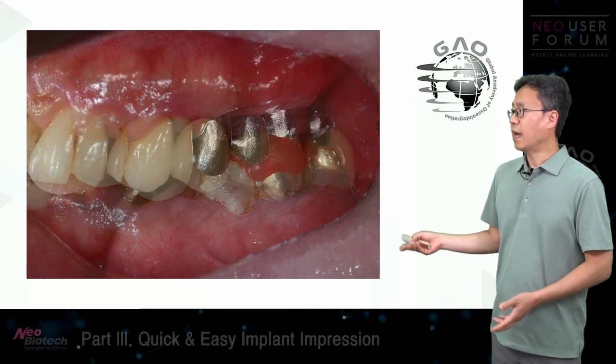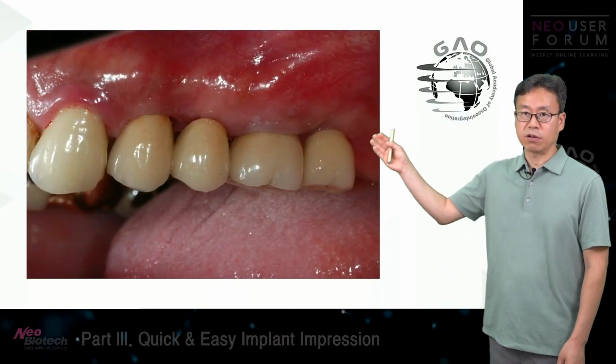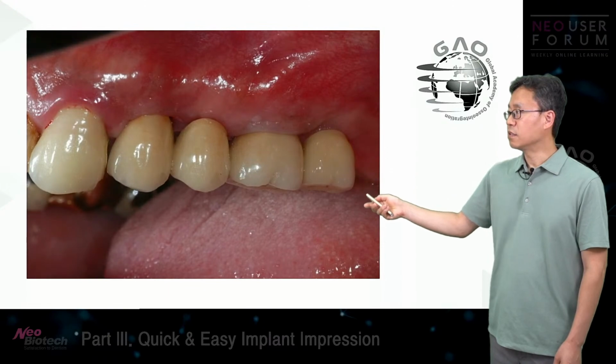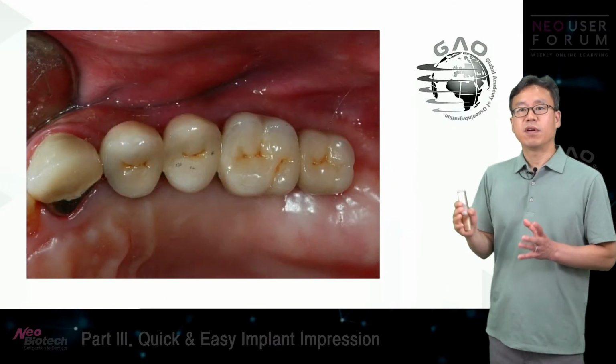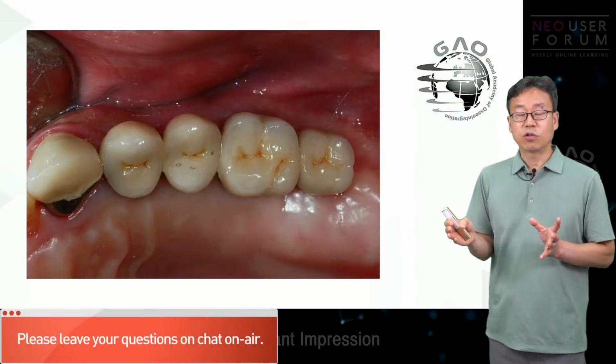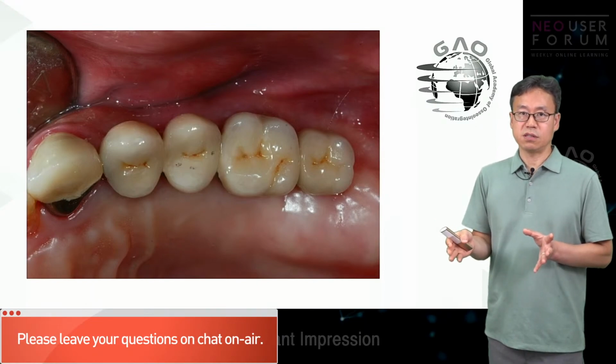And then add porcelain on the metal substructure. And this is how you can get a very accurate occlusion of your prosthesis.